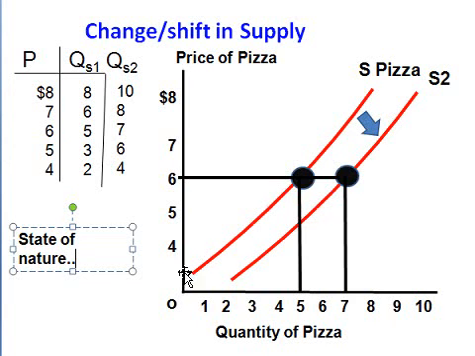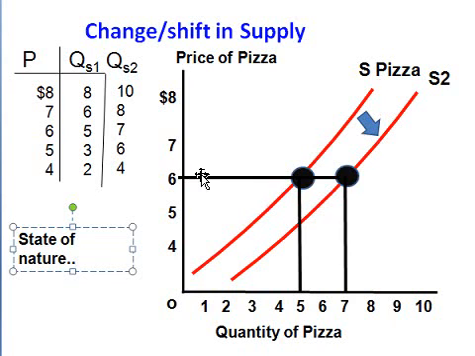Suppose we are here, right? The economy is very good, and there is political stability and so on. Weather is very good, economy is very good. In that case, supply of pizza shifts right, provided the price of pizza remains unchanged.